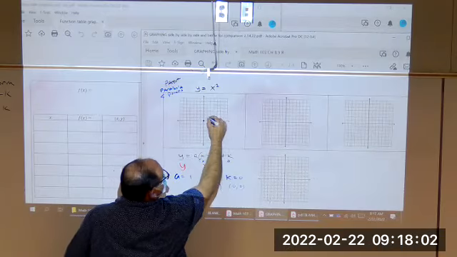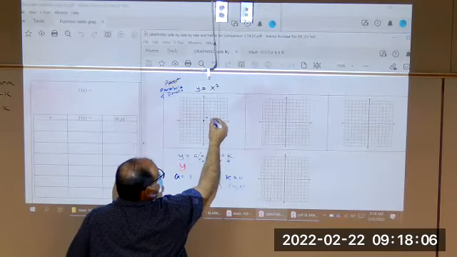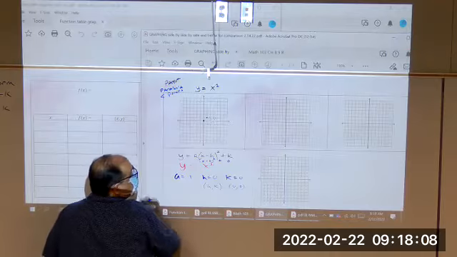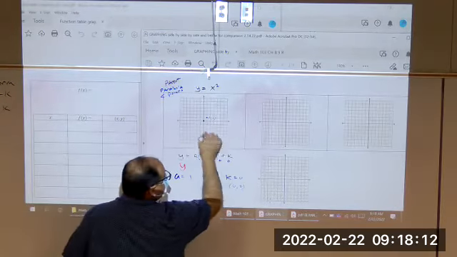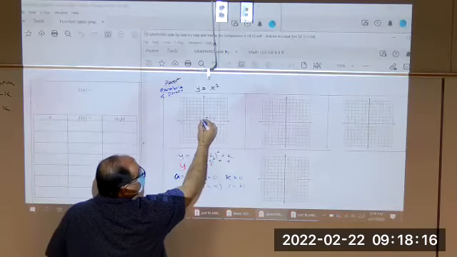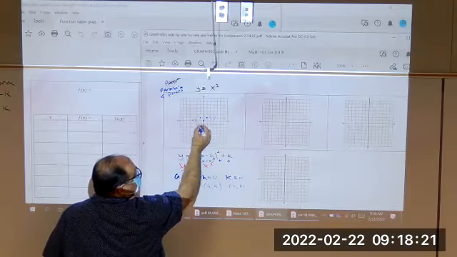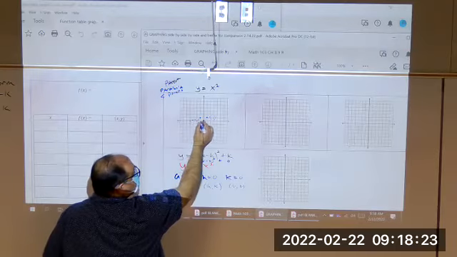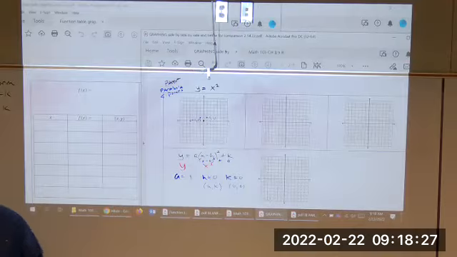So when I plug in 1, make sure you label it, I get 1. Symmetry: if 1 to the right of the vertex is a y that's 1, then 1 to the left, at negative 1, is also going to be a y equal to 1. I don't need to plug in negative 1 anymore. I could just do symmetry.